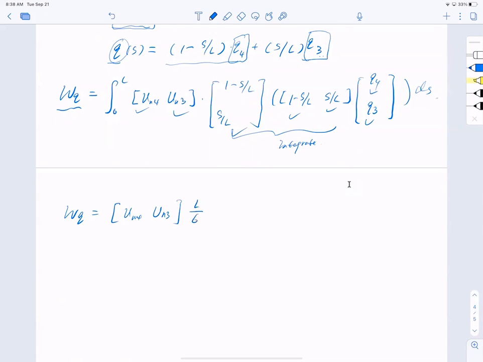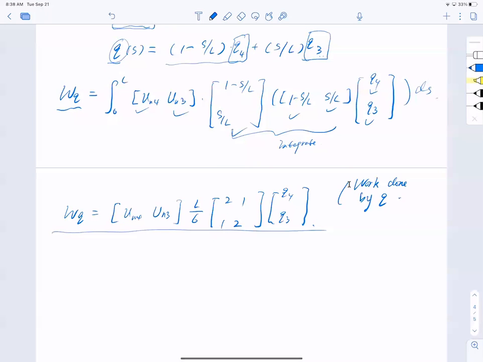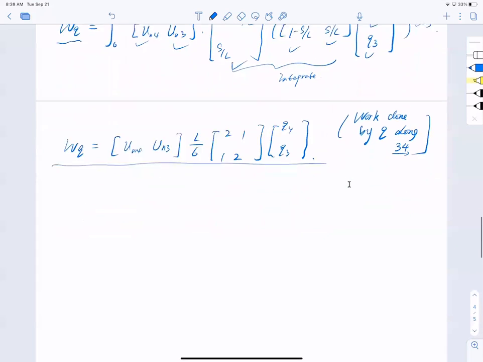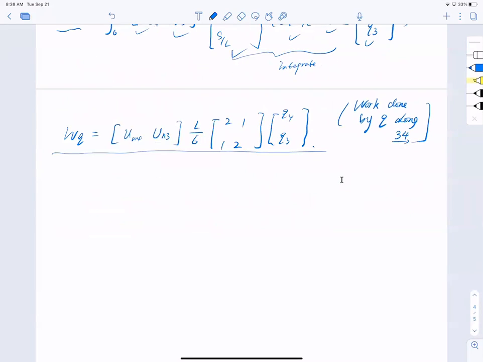And then I have L over 6, and now I have 2, 1, 1, 2. This is Q4, this is Q3. So this is the work done by Q along side 3, 4. All right. So that is the total work done.